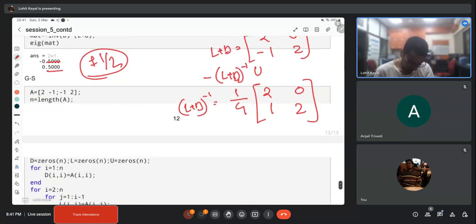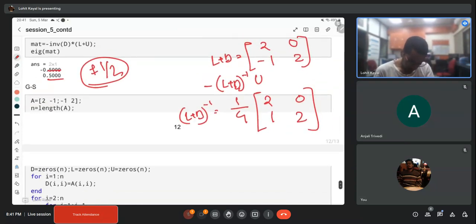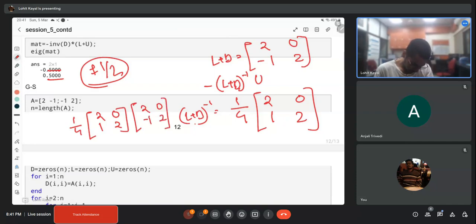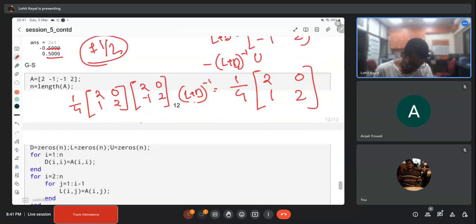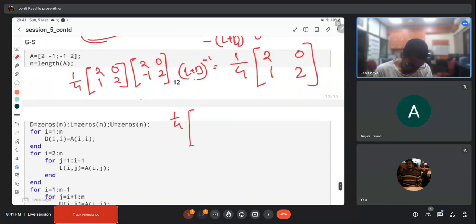I hope this is correct, but let's verify. The inverse of L plus D times L plus D should give you an identity matrix. So 1 by 4 times 2 0 1 2 times 2 0 minus 1 2 gives 1 by 4 times 4 0 0 4, so it is 1 0 0 1. So this answer is correct.